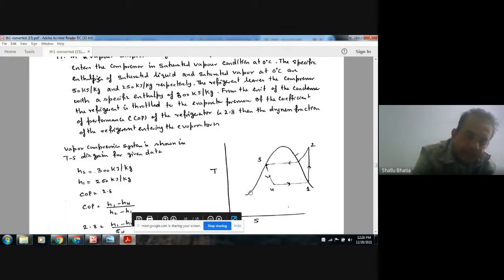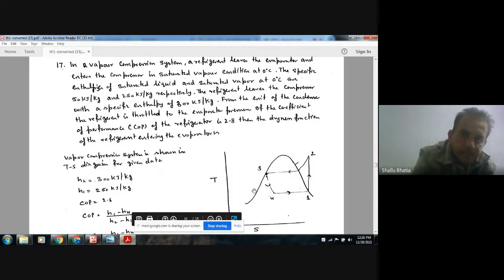Here the refrigerant leaves as saturated vapor at 1, which is dry and saturated condition. At this condition the enthalpy is 250.